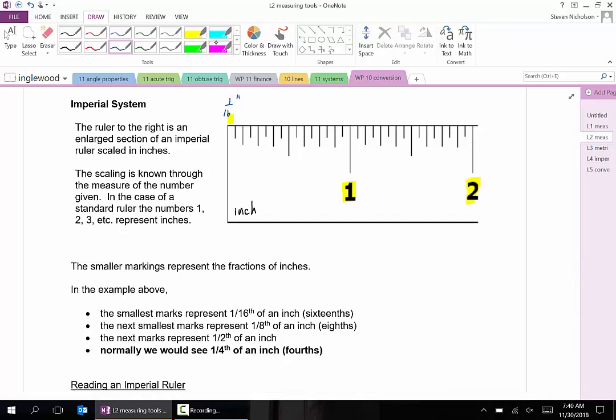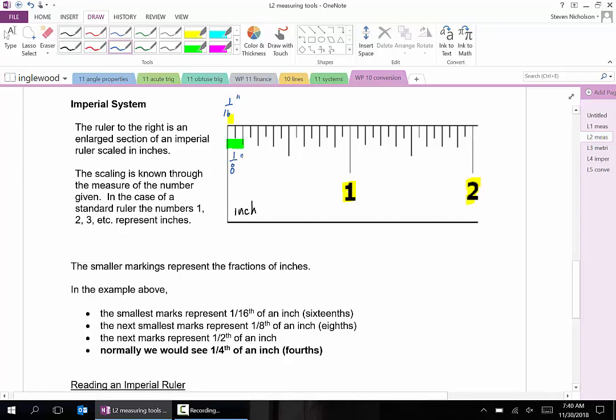The next one you see is a little bit bigger mark. And if you counted all those from here to here, there would be 8 of them. So each one of these little ones, this one and this one and this one, each one of those represents 1/8 of an inch. So here's our graduation for an eighth of an inch.